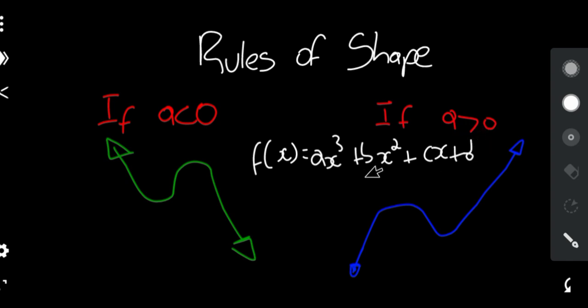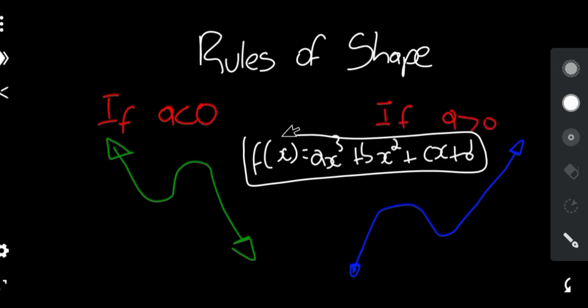If the coefficient of x cubed is smaller than 0, the function will start by decreasing and go to the stationary point, and then after that it will increase up to the stationary point, and then it's going to decrease. It starts with decreasing and the function will end up decreasing.